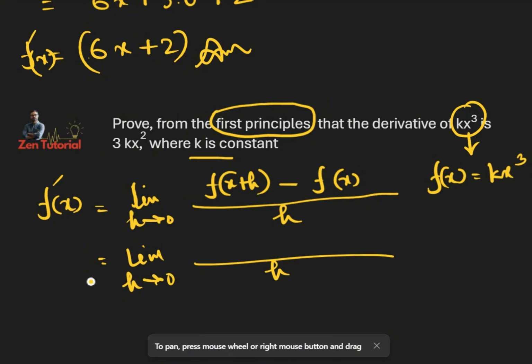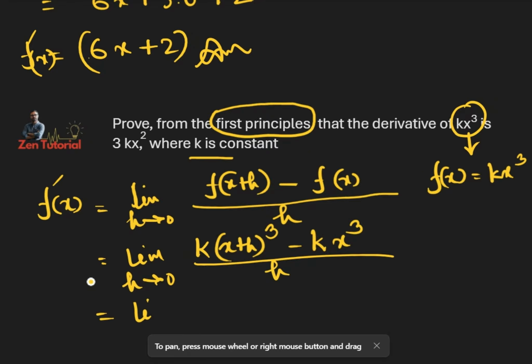And the value of the function f of x is equal to kx cube, right? So we have to plug in the value of x plus h. So k times x plus h whole cube minus f of x, meaning kx cube.